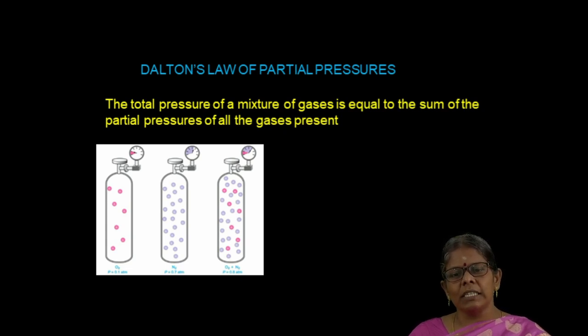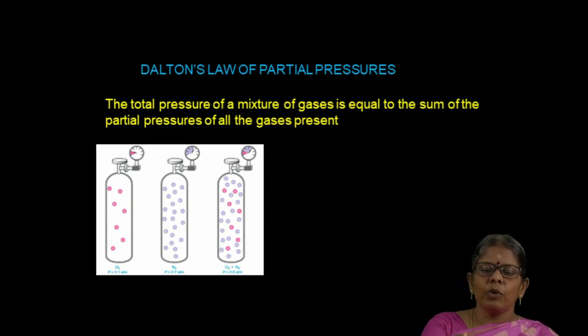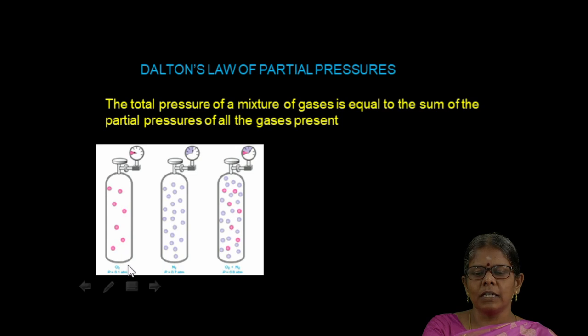Dalton's law tells us that the total pressure of a mixture of gases is equal to the sum of the partial pressures of the constituent gases present in it. Consider here there is only one type of gas, of the pink type. In this case, there is another type of gas, of the violet type. That is, gas 1 of a certain amount and gas 2 of a certain amount.